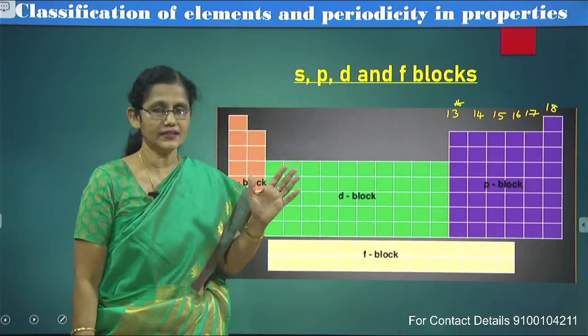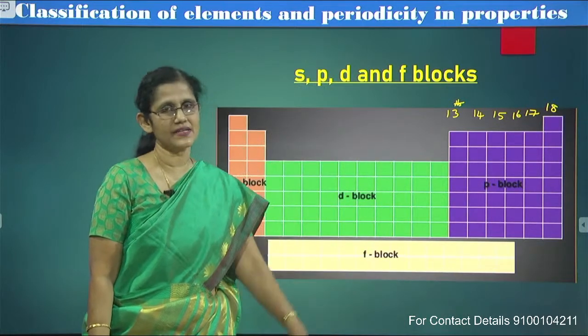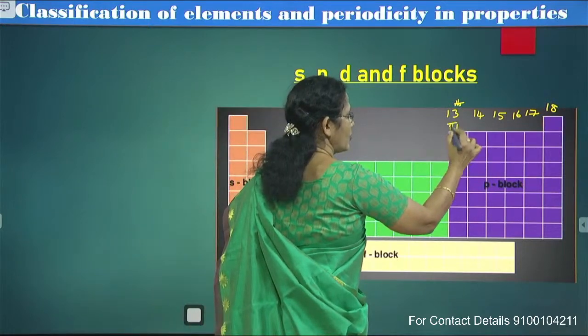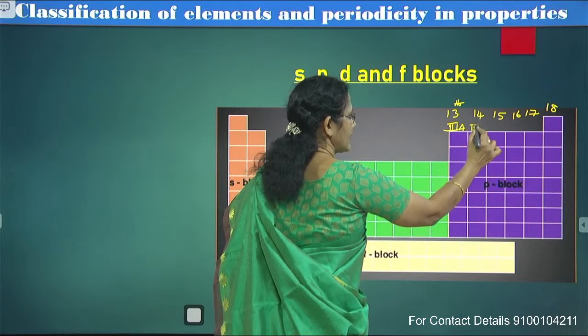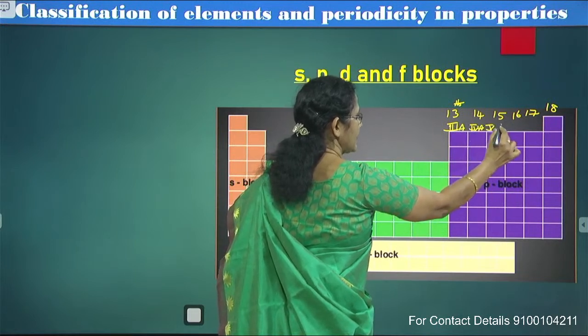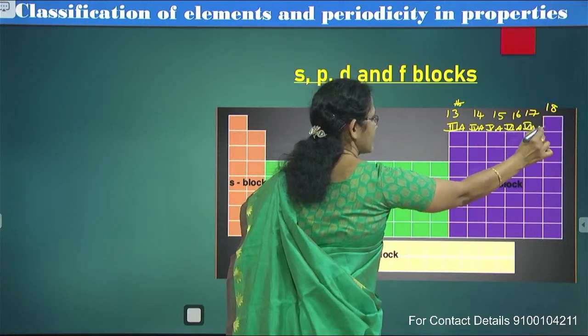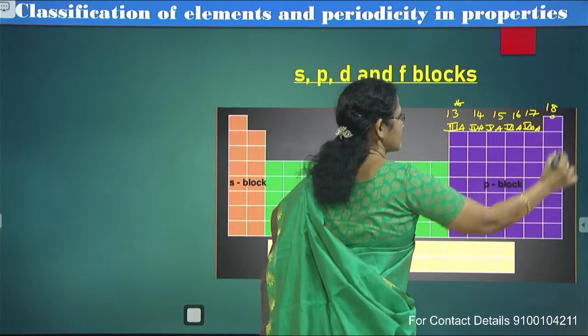From the 13th to 18th group, 6 groups are present in p block. You can write them in the old version as 3A, 4A, 5A, 6A, 7A and 0 group elements.